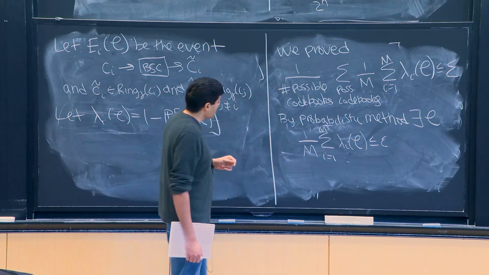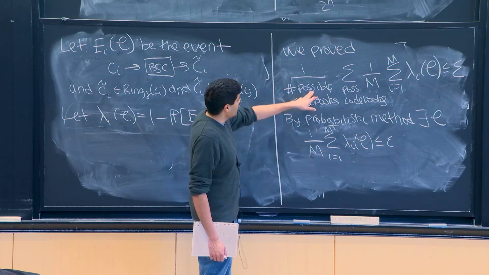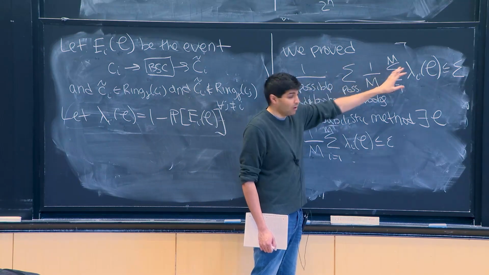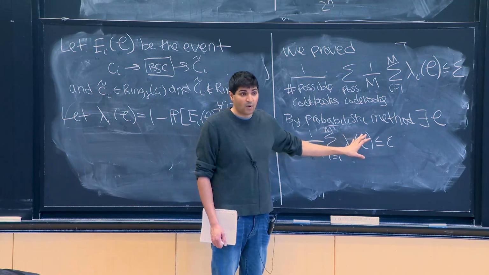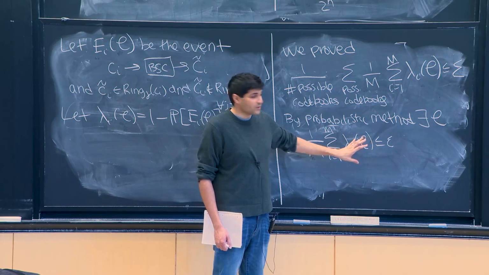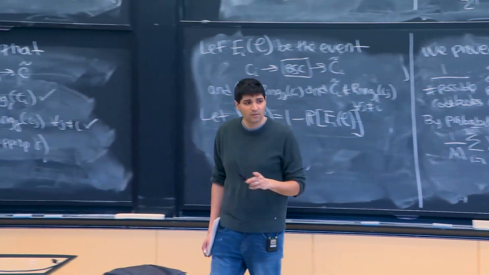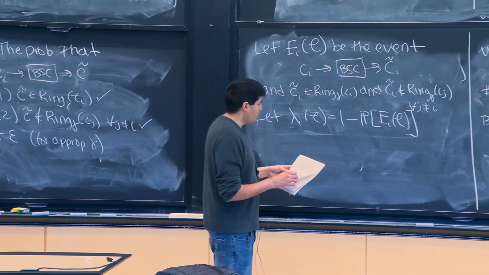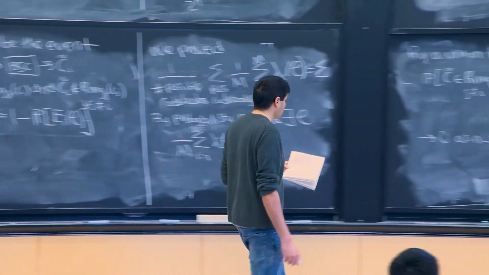And here we're using the probabilistic method the same way: I know that the expectation of this quantity inside is small over a typical codebook, so there must exist one codebook where it's small as well, right? So does everyone see how I got from here to here using the probabilistic method? Is that all right? Okay. So now we're in good shape, and I can tell you how to finish the rest of the argument.